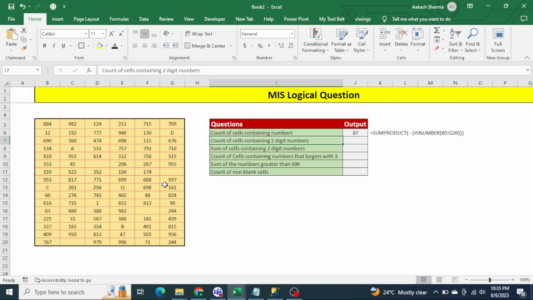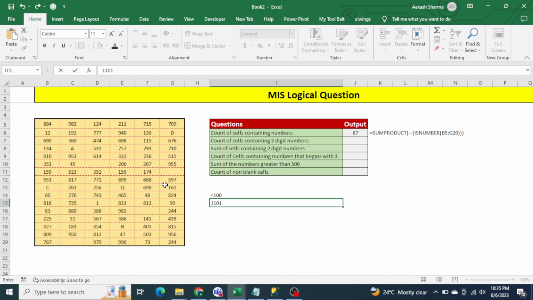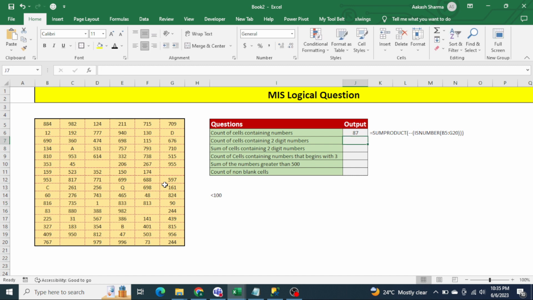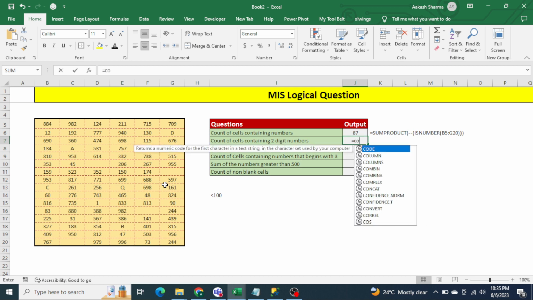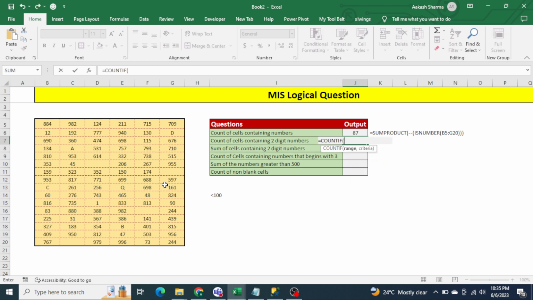We know that two-digit numbers are always less than 100, and more than 100 the length would always be 3. So let's write our formula. Equal to COUNTIF, and I give this range.